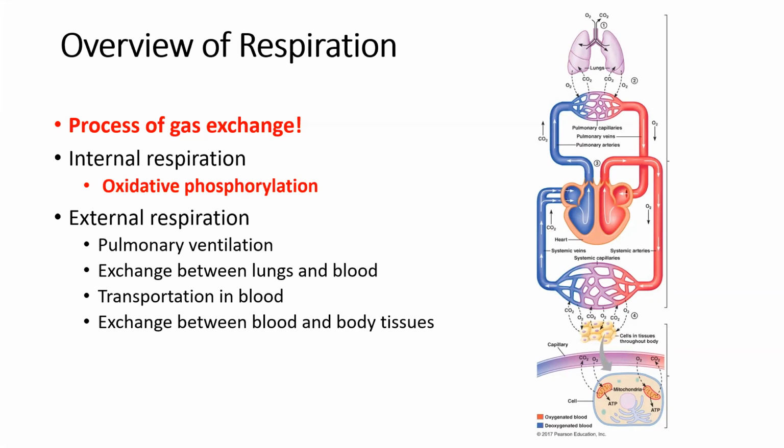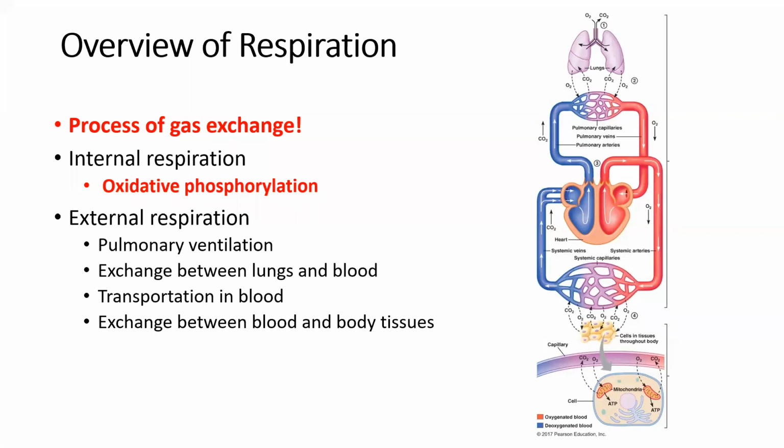To do cellular things, make proteins, hormones, move things around in our cell, et cetera, all of the processes that are synonymous with life. So that is internal respiration, that oxygen functioning in that role in ATP production, right? Oxidative phosphorylation.